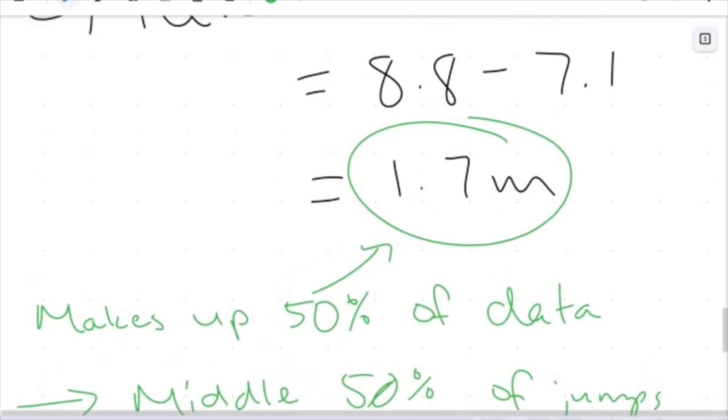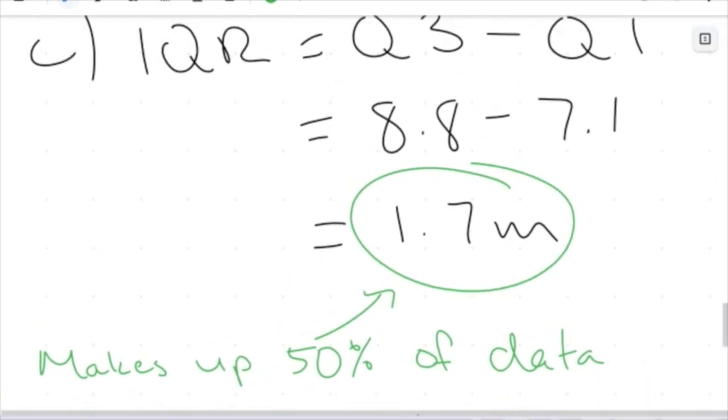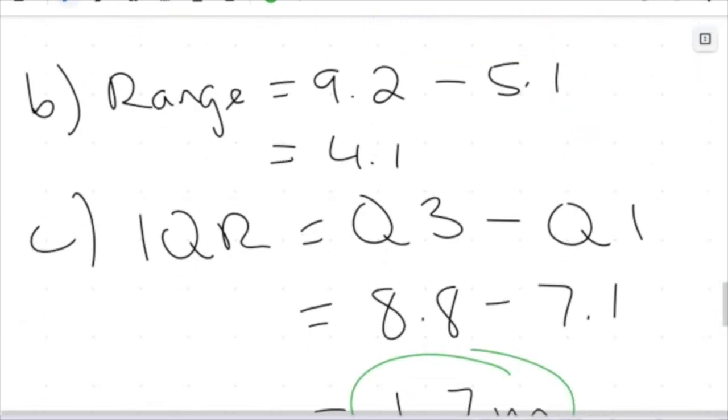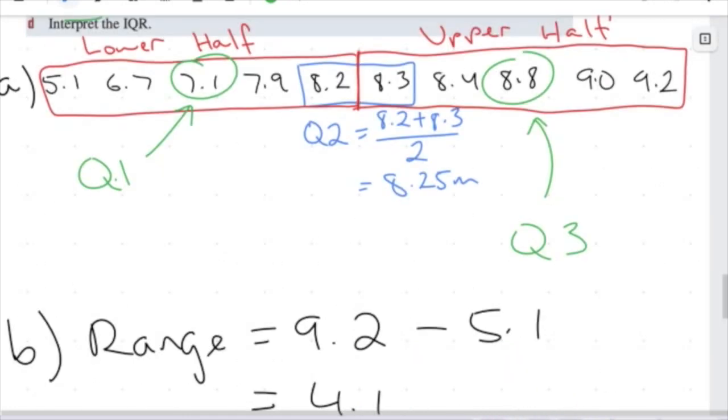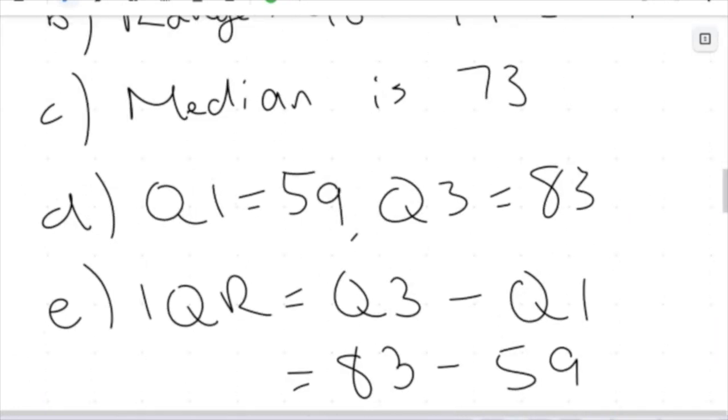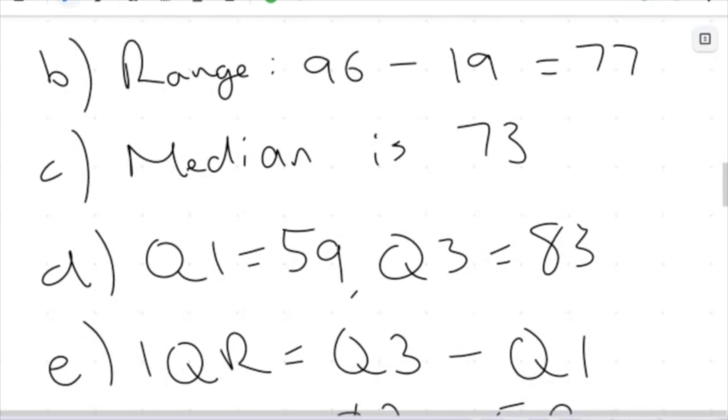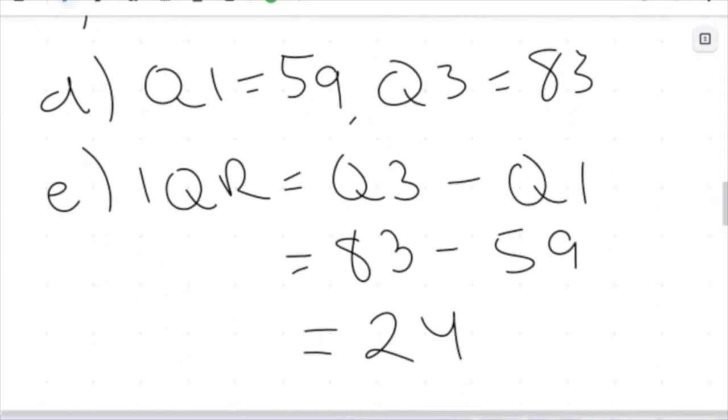So here, it's actually a relatively small spread when you consider the range. So a lot of the stuff seems like it's packed into the middle. And when we compare that with something like this, we had a pretty big range and also a bigger interquartile range.